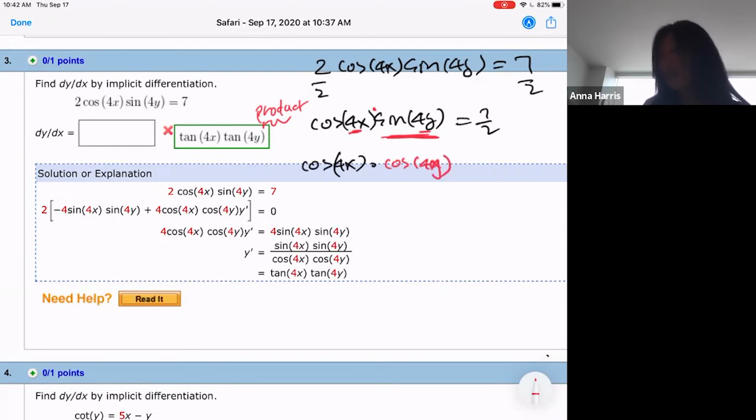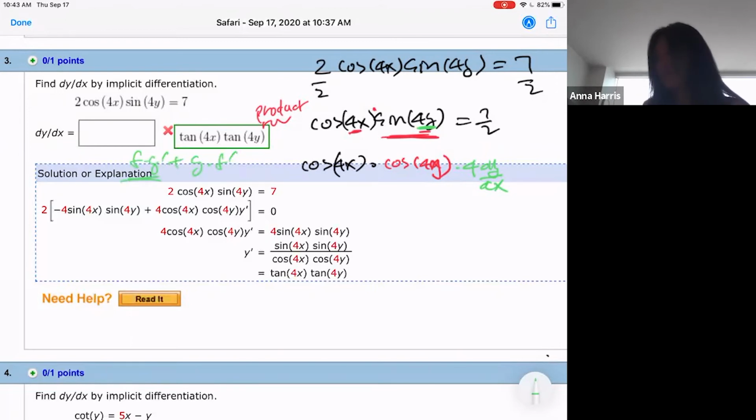And now I gotta take a derivative of u, derivative of 4y, which is what? 4 dy dx. Do you see what I just did? This is what I'm doing: f times g prime plus g times f prime. So I just finished this part.